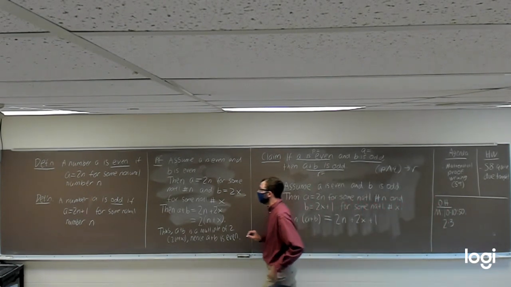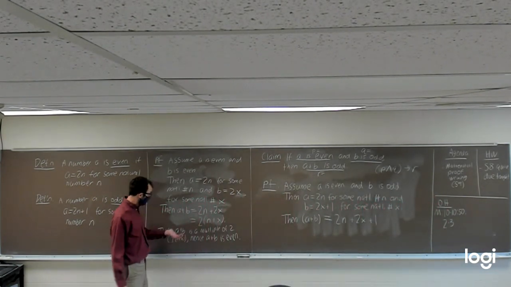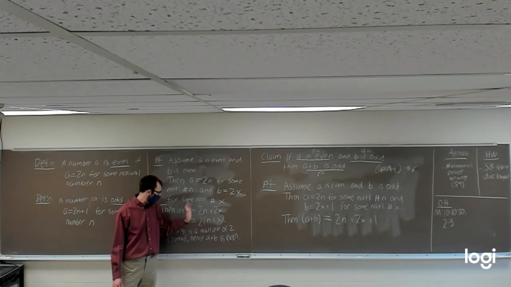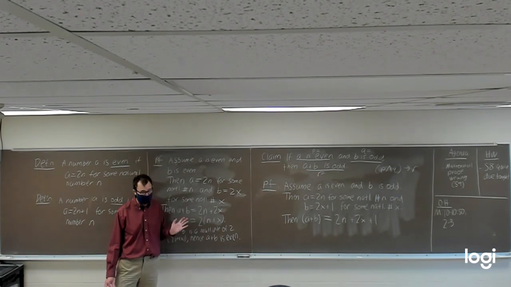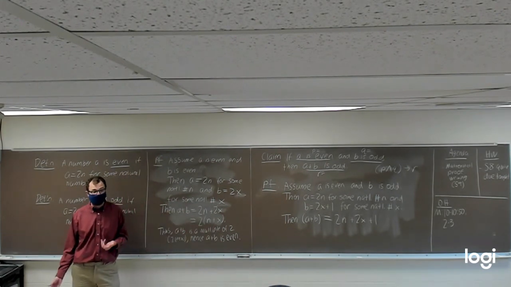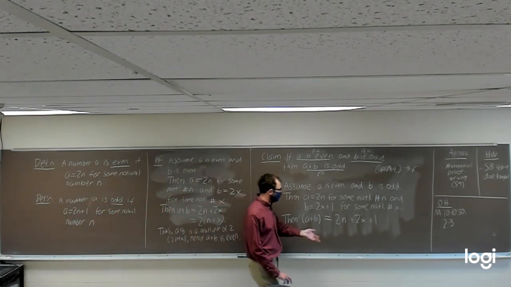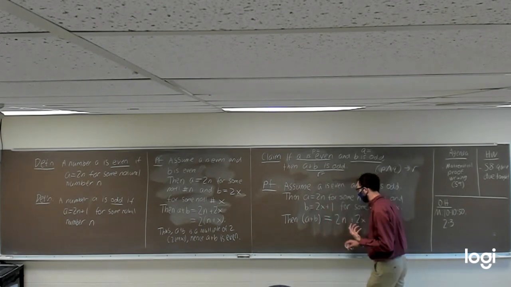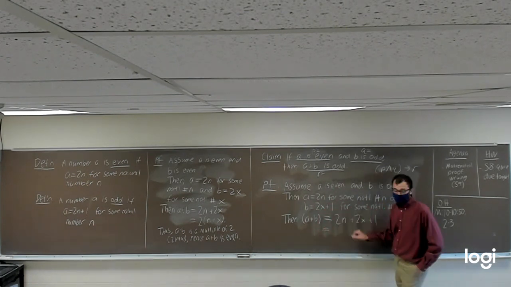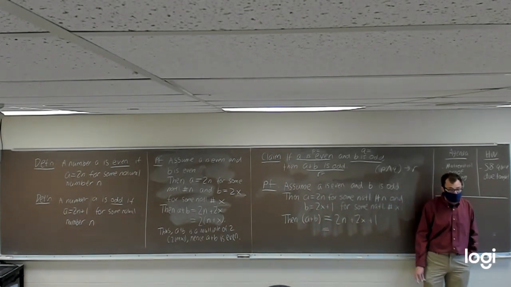Over here, when we showed A plus B had to be even, we factored out a 2 and showed that A plus B has to be equal to 2 times the expression n plus x. Is there anything we could do here? Any way that we could try and factor maybe part of this expression that'll show us we have 2 times some natural number plus 1?